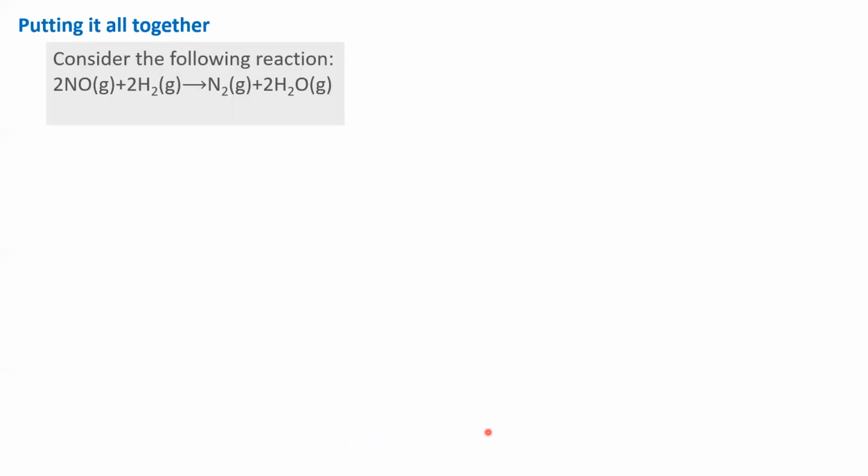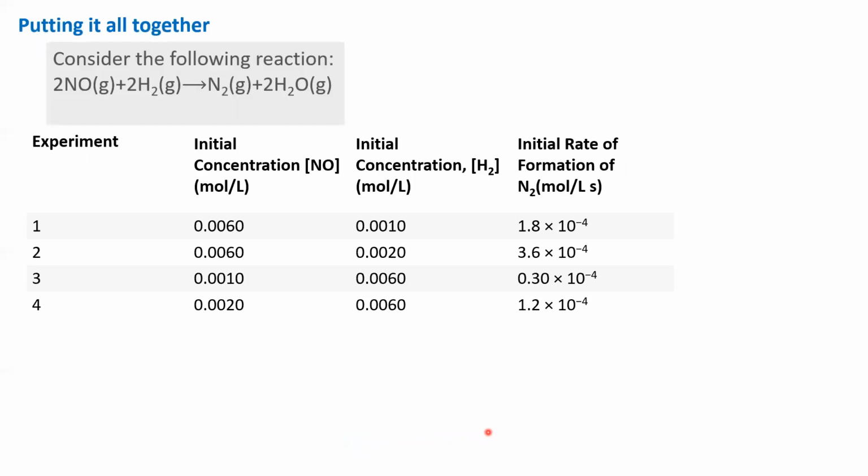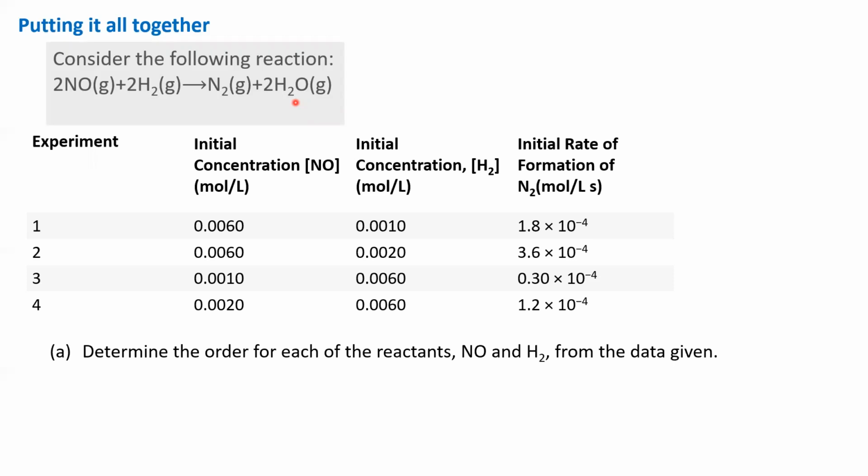Let's look at this reaction. Okay, this is the overall reaction. We're going to go back to the beginning for a minute. See if you can use this data to figure out what the rate law for this reaction is. So this is going back way to the beginning of the chapter. We want to determine what the order is for each of the reactants.